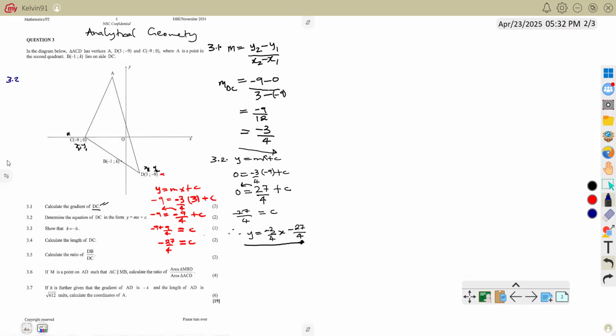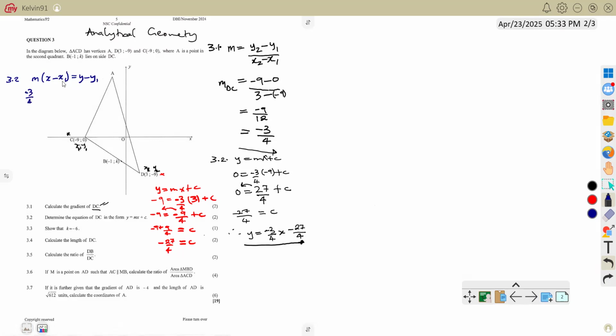The equation of a straight line can be written in this form: m multiplied by x minus x1 must be equal to y minus y1. The x1 and y1 are representing any set of coordinates that we have. So in this case, our m, we know it's negative 3 over 4.